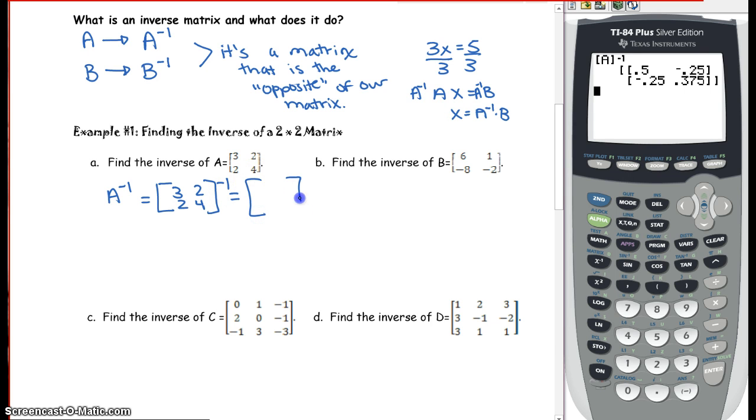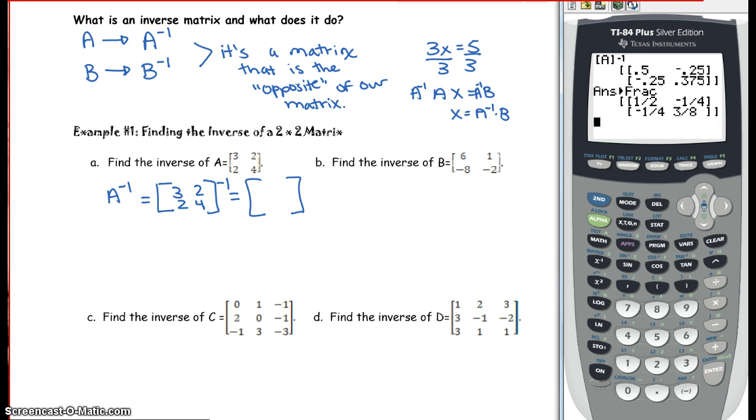You can write it as a decimal or as a fraction. If you go to math and frac, it will make fractions of your answers. So we have 1/2, negative 1/4, another negative 1/4, and 3/8. That is our final answer for the inverse of matrix A.